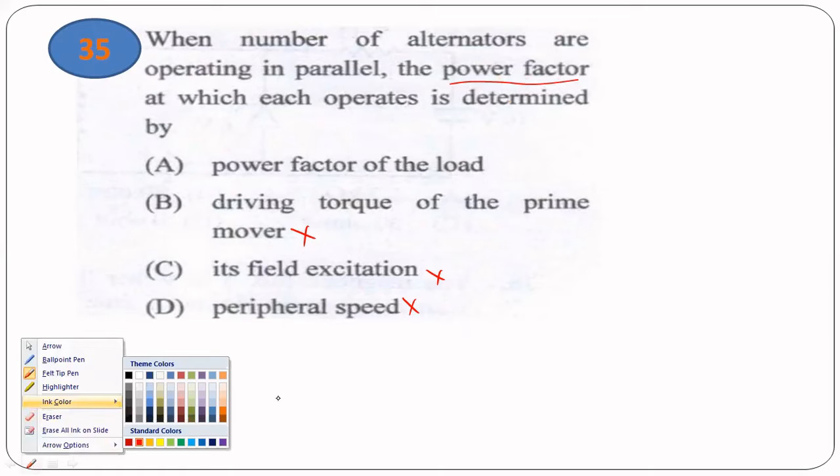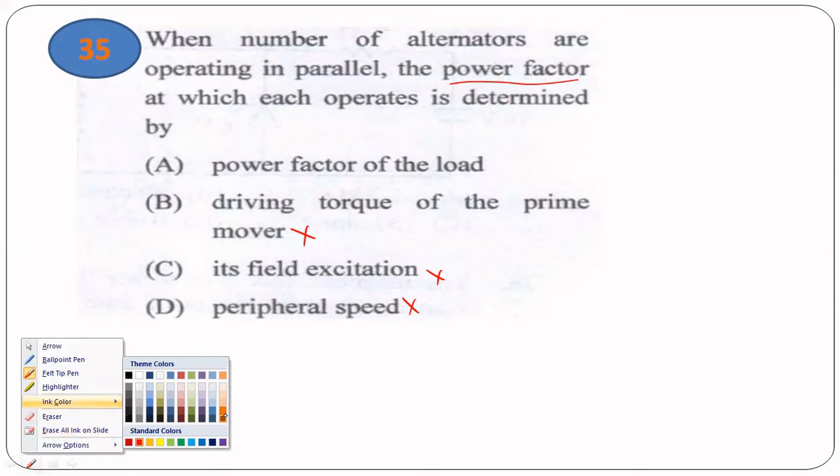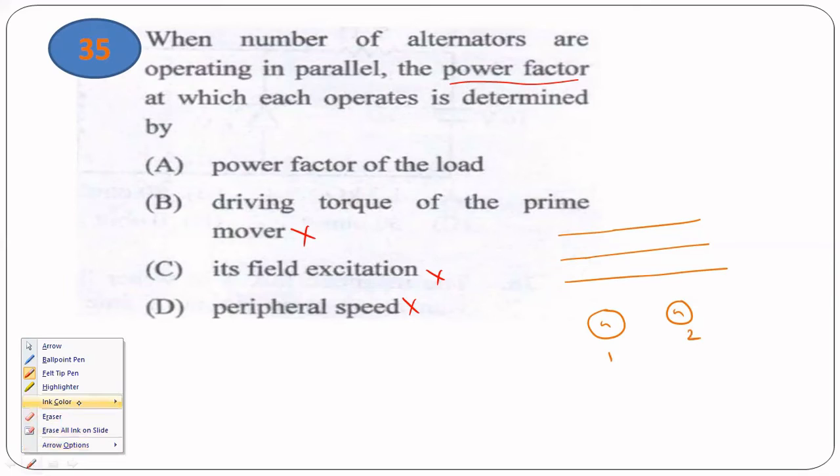Remember that if I draw the circuit for this, it is simply two alternators connected to a bus bar. Let us say this is alternator 1, this is alternator 2, and both are connected to the bus bar.